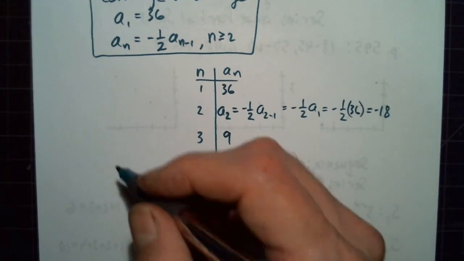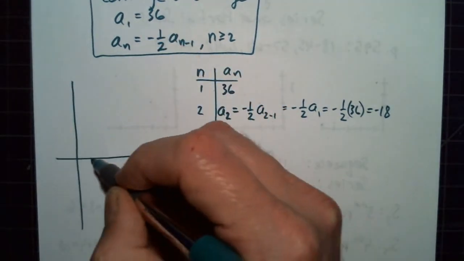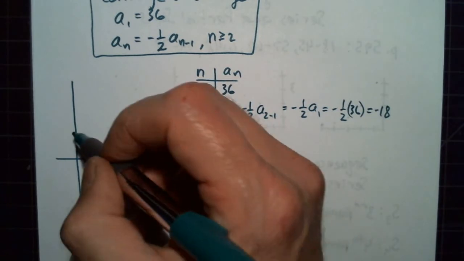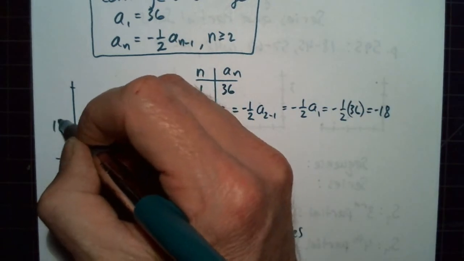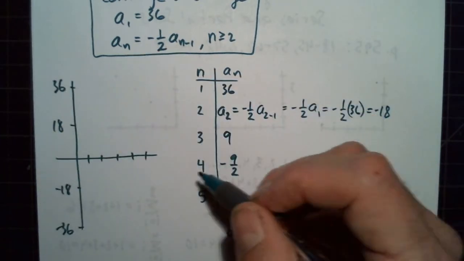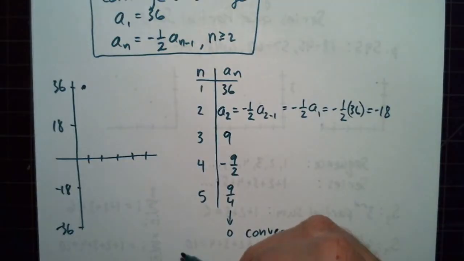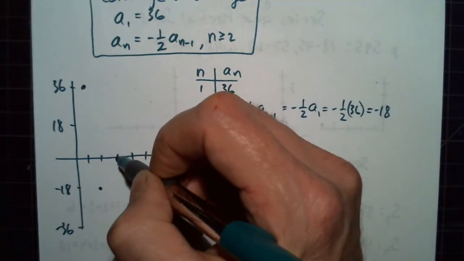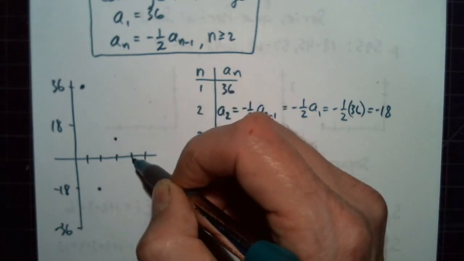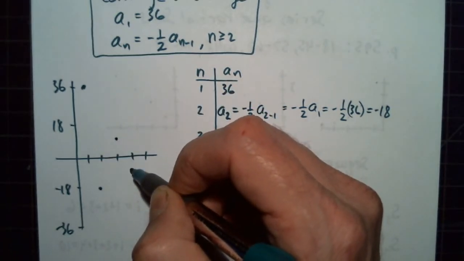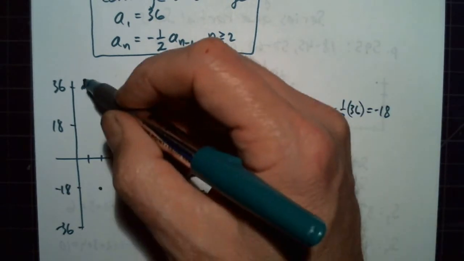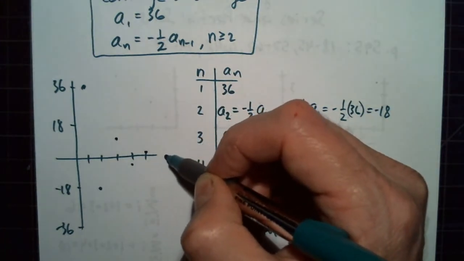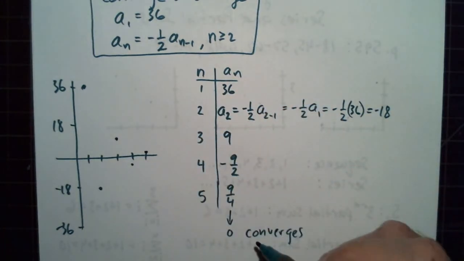If we look at a graph, at 1 we're at 36, at 2 we go to negative 18, at 3 it's at 9, then we have negative 4.5, and then we go to some positive number, and we can see that we're getting closer and closer to 0. So we see that the sequence converges.